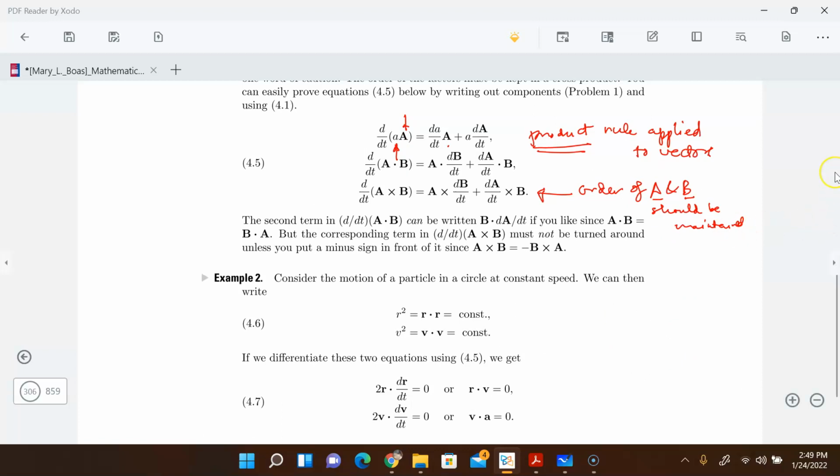So here is the case of a motion of a particle at constant speed. What does it mean? If it's a circle, then the dot product of your position vector, which gives you r squared here, should be a constant, because it gives you the radius squared of the circle.